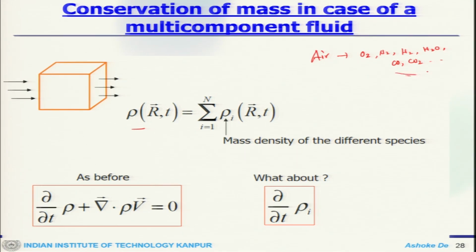When you have multiple species, the summation of the densities gives you the total density. The mixture density satisfies the continuity equation, but what happens to the individual terms? We will see how this leads to our individual species mass transfer equation.